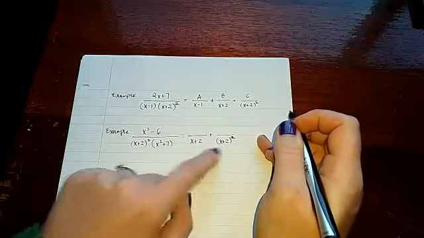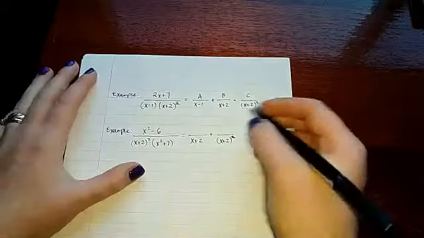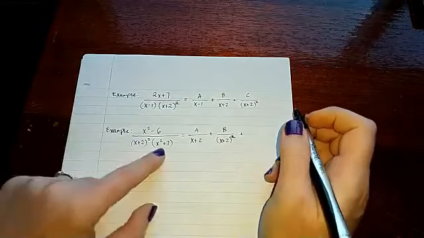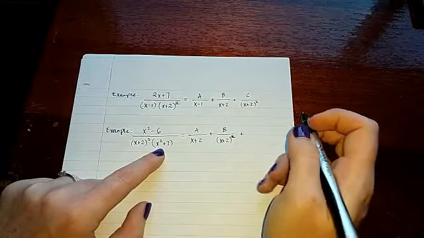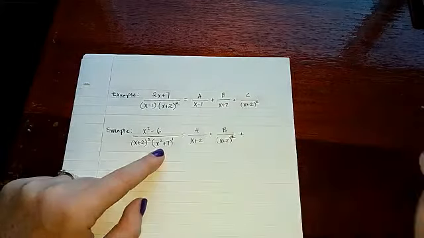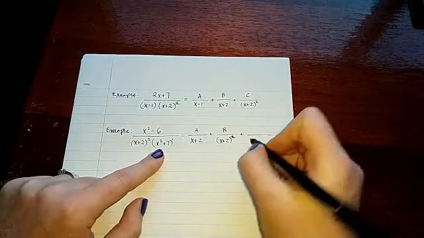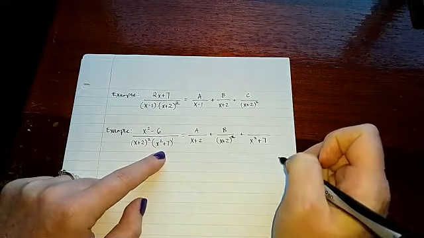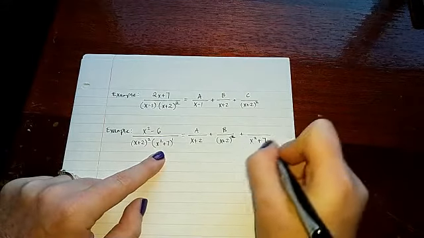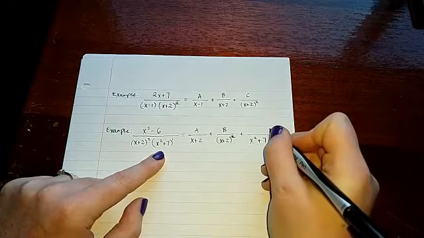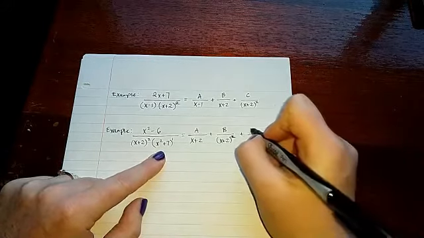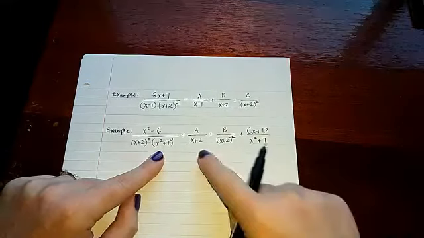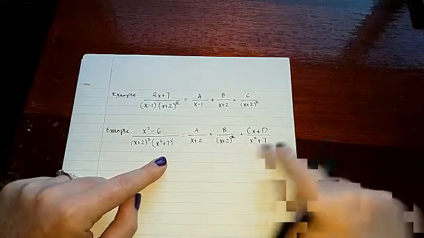Because each of these are linear, the numerator is 1 degree less, so constant, constant. This is a prime quadratic, only here once, exponent 1. So that gives me one more fraction. The denominator is that. And because this is quadratic, degree 2, the numerator's degree 1, which means it's linear. So cx plus d. And that would be my partial fraction setup.